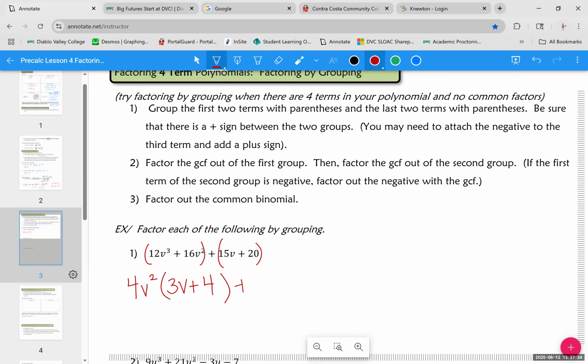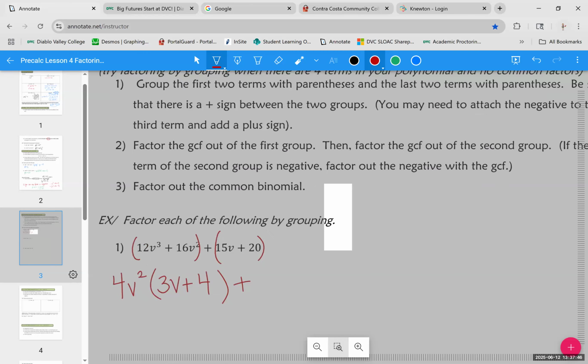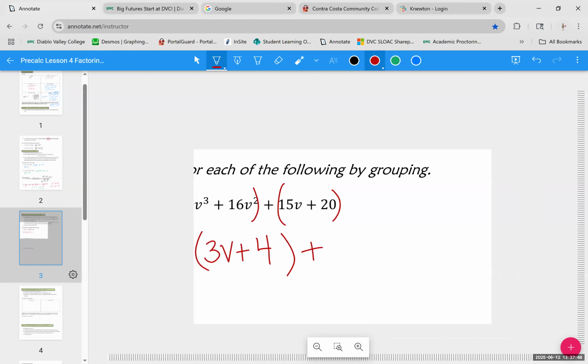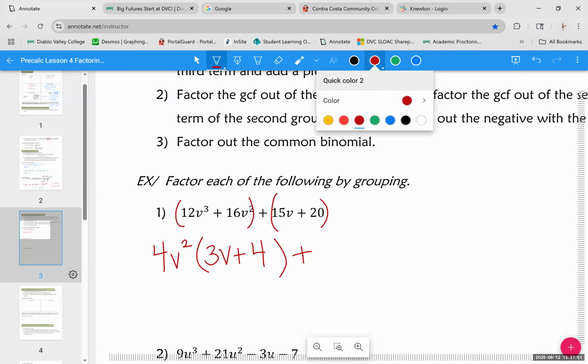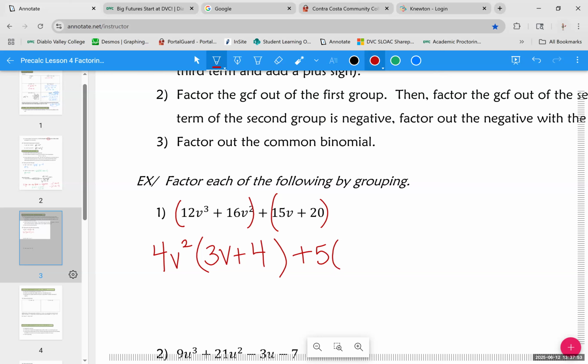Now I'm going to leave that plus sign there and do the same process for the second group. So what's common between 15v and 20? Well, let's see. I could factor out a 5. And then let's see what's left.